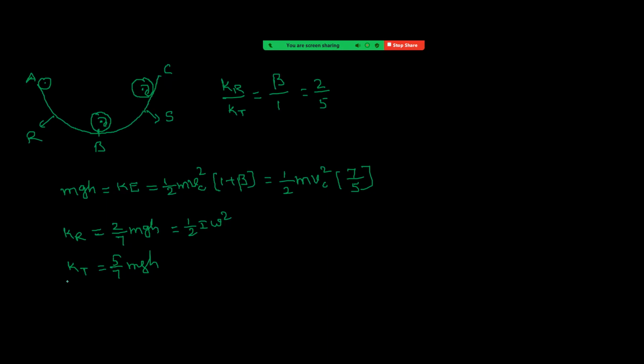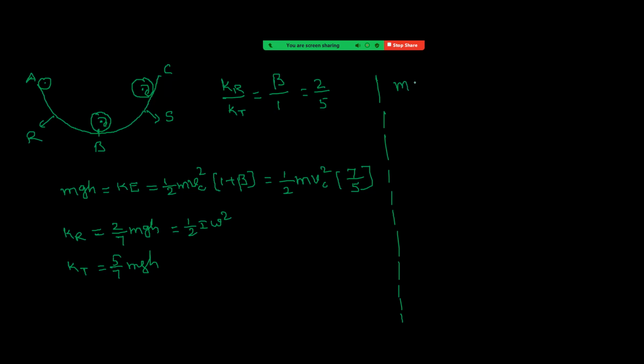Therefore, this loss converts into gain in the gravitational potential energy. I'm writing here, loss in the kinetic energy because of translation converts into gravitational potential energy. Suppose a height equal to h dash.